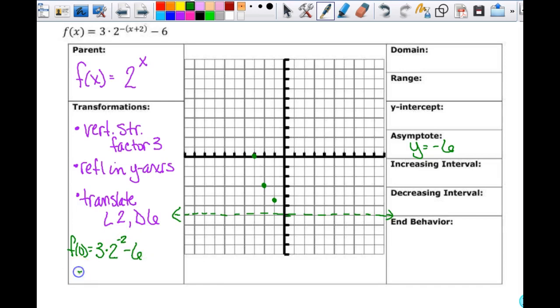Okay, so that means that I have 3 times, well, 2 squared is 4, the negative makes it 1/4, and minus 6. So they give me 3/4 minus 24/4, which will give me negative 21/4. So my y-intercept is at 0, negative 21/4.